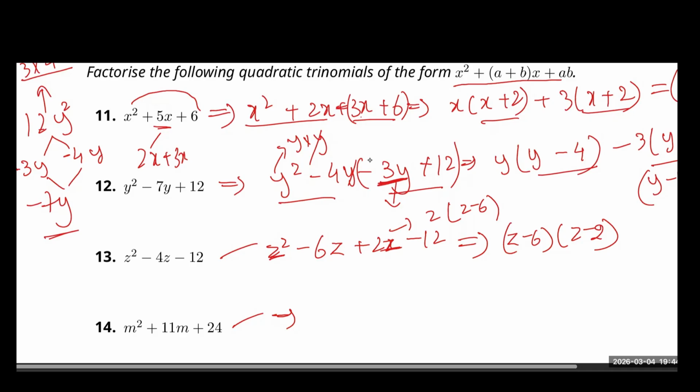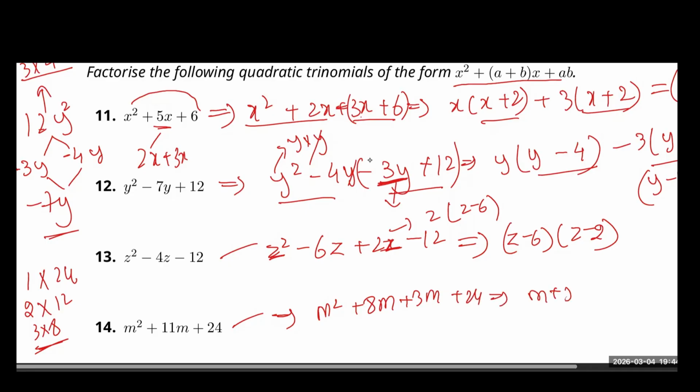From here, 24. Factors of 24. So, 1 into 24, 2 into 12, 3 into 8, 6. m squared plus 8m plus 3m plus 24. So, m plus 8, yeah, from here, m plus 3. This is the answer.